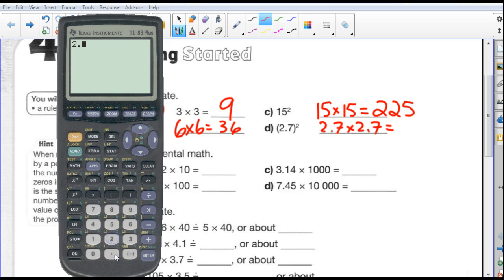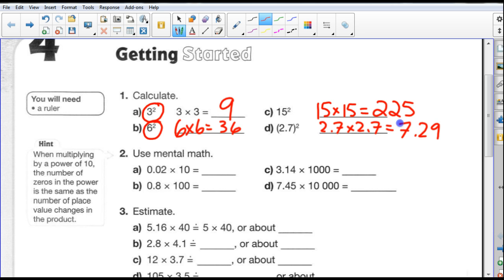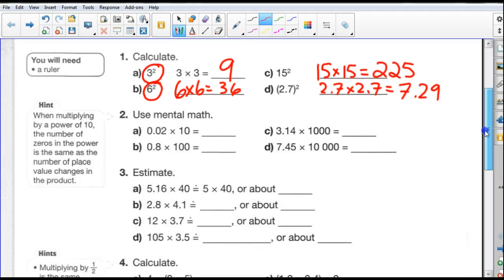And let's do 2.7. And we can also do squared. You can see I've got a squared button right there. And I get 7.29. Depending on your calculator, you might have one or two buttons that you can use to square or cube a number. So you have to get to know your calculator.